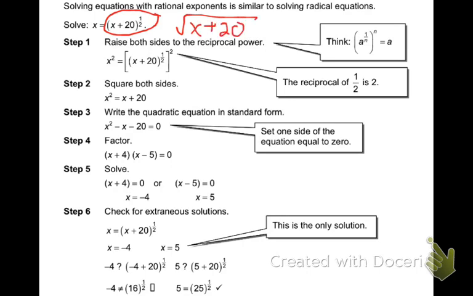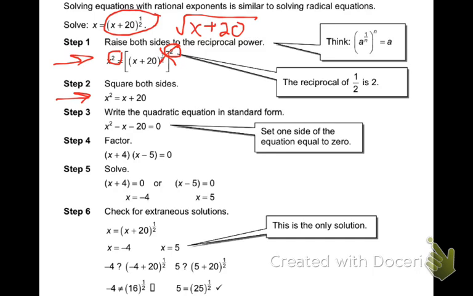A 1/2 power is the same thing as a square root. If it's a 1/4 power, then that would be the same thing as a 4th root. Good question. So what do you notice here? To get rid of the 1/2 power, we take the squared term to both sides. And again, why the squared term? Because the squared term and the 1/2 power cancel out, giving me x squared equals x plus 20.